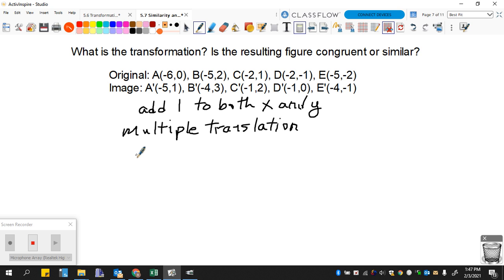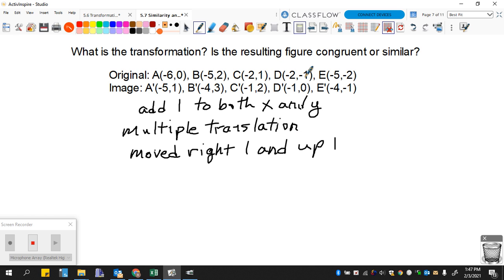So we moved right 1 and up 1 because the y was increased by 1.